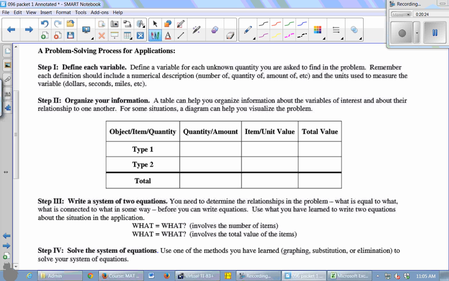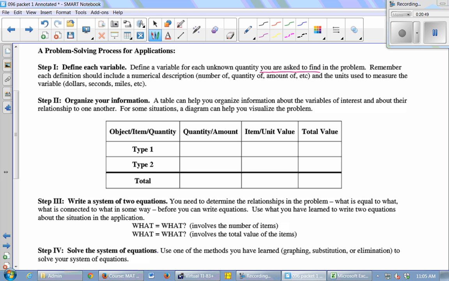So here's a general process. Define a variable for each unknown quantity. Do that by looking at the question, so underline the question and use that to define your variables. Organize your information in a table. A table can be helpful in a lot of instances, but not every single instance.